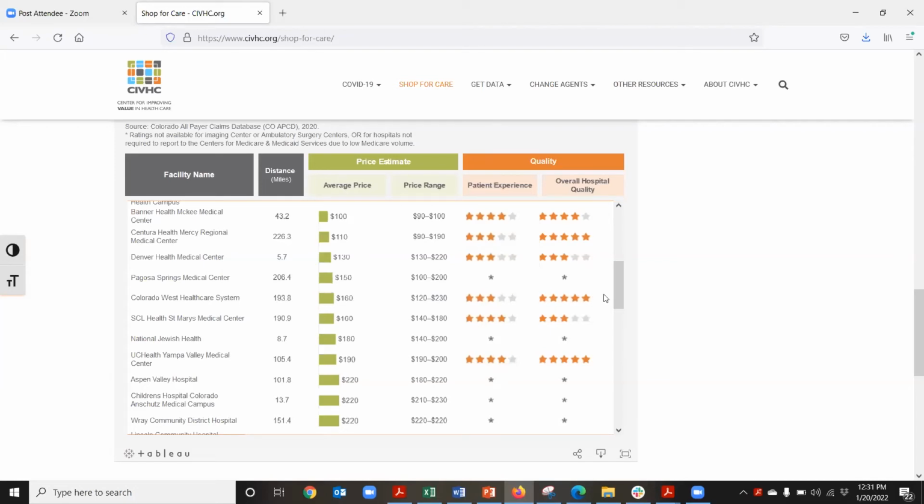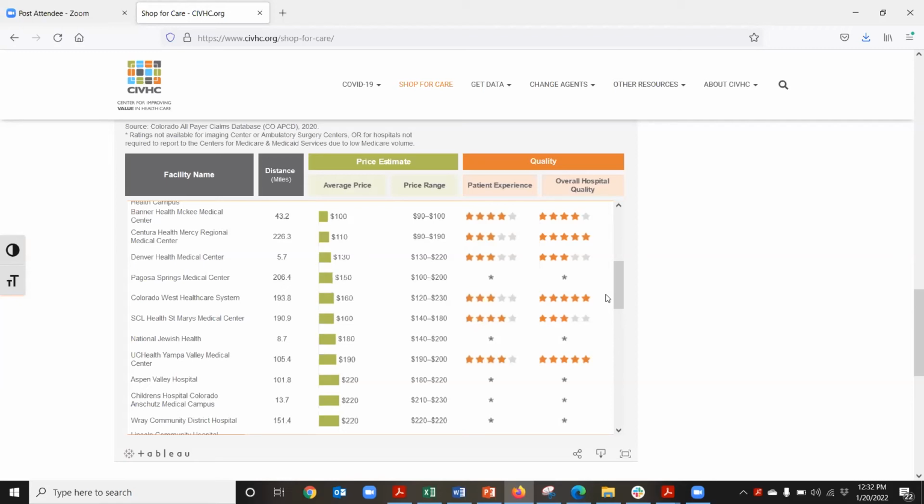So they are very highly rated in terms of the hard measures, in terms of safety and mortality and readmission, but people report that they are not feeling great care or they are not having a great experience when they receive care in that facility. So that would be something to consider.